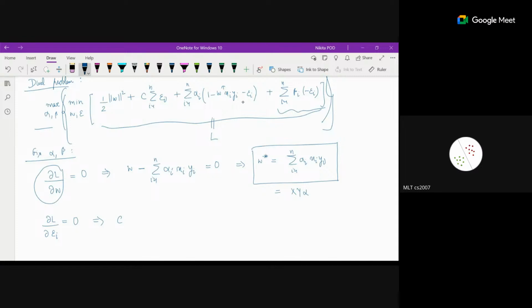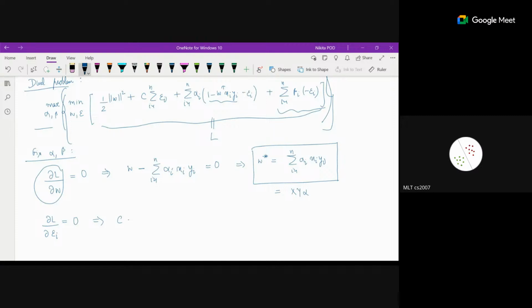Then for the next term, what do you get? This doesn't have an epsilon, so this goes away. Then what is remaining is alpha I epsilon I. If you take the derivative with respect to epsilon I, you will get just alpha I, with a negative sign because you have a negative over here.